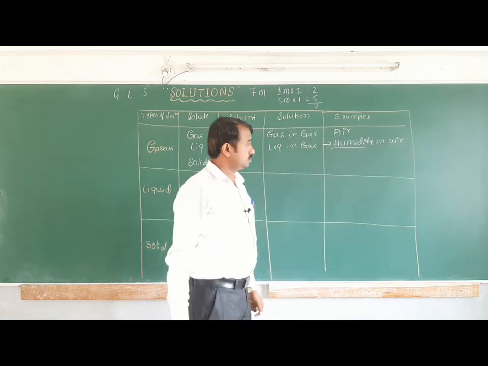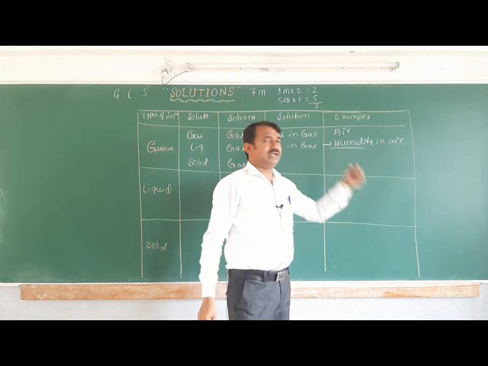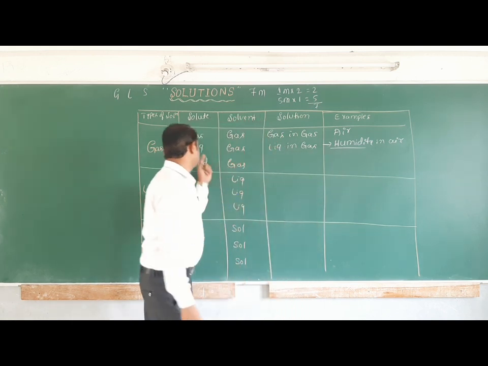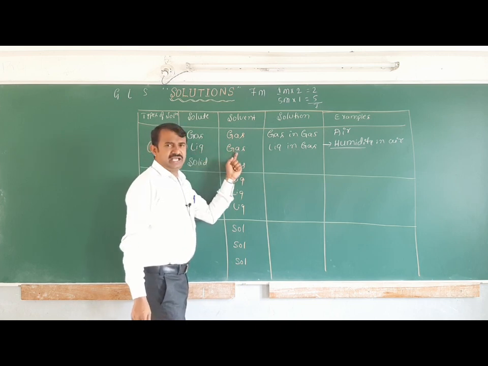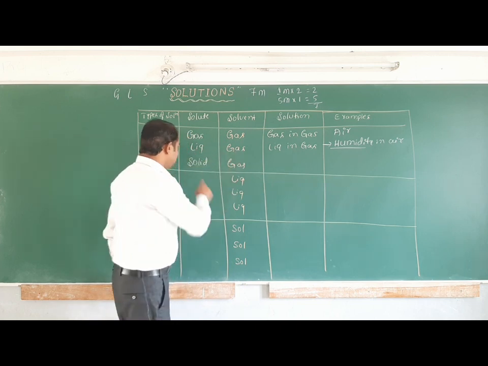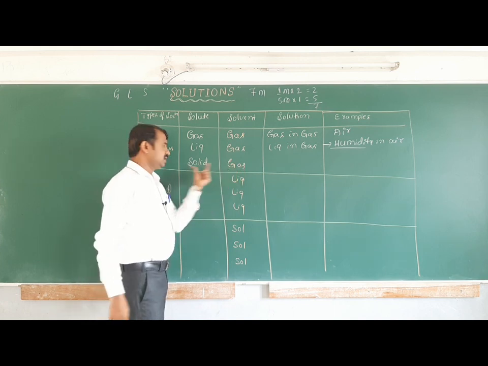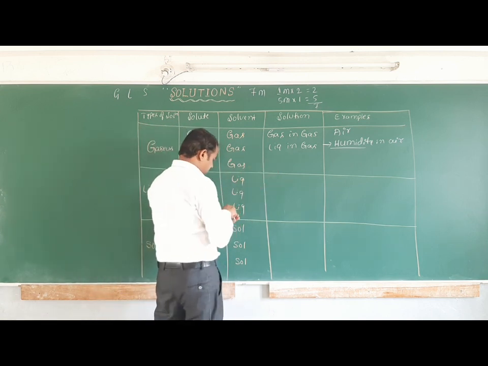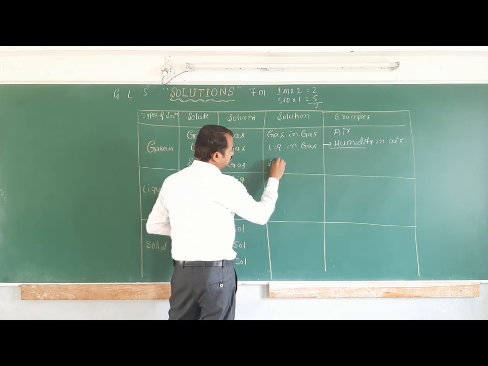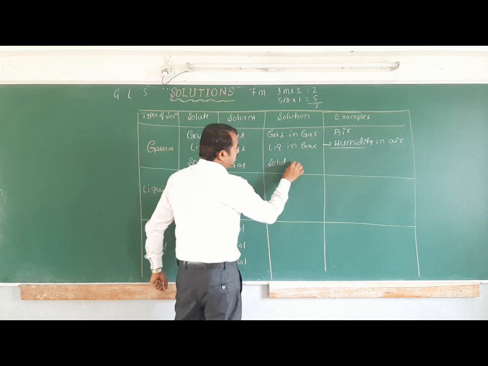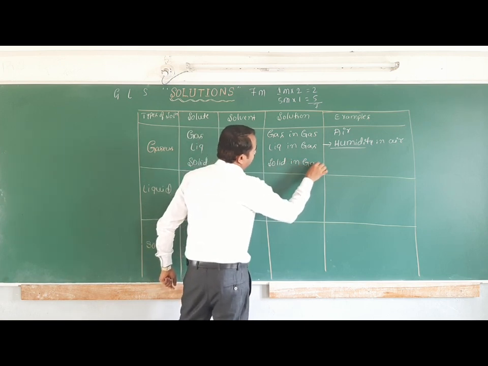Or chloroform in the presence of nitrogen gas. We can say that is also one of the important examples. Okay, this is liquid in gas. Next we will go for solid in gas. Solid in gas means the solid is a solute dissolved in gas.